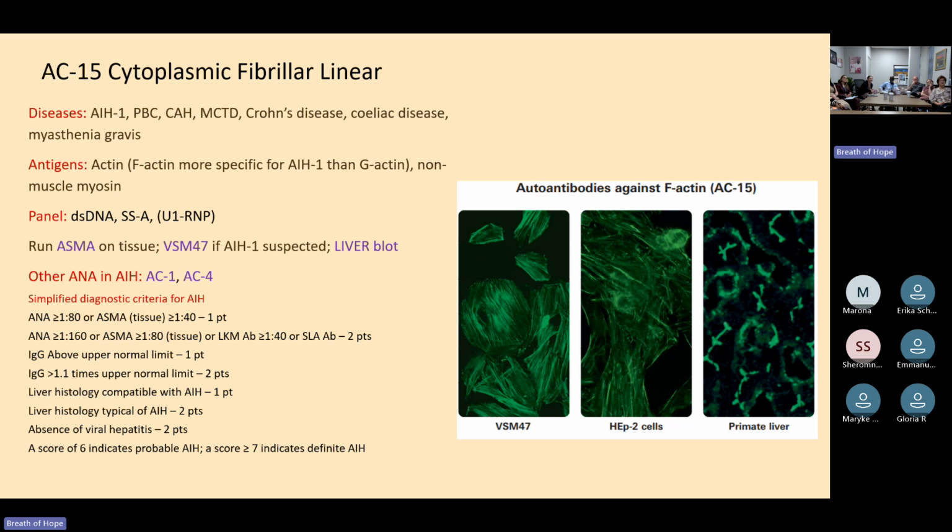It's got this chicken's feet pattern, and you would say, oh, it looks like smooth muscle. If you really think that it could be autoimmune hepatitis type 1, you can do a more specific test, which is for vascular smooth muscle 47. So this one is much more specific for autoimmune hepatitis, okay? Because you can actually get positive smooth muscle in lots of other conditions.